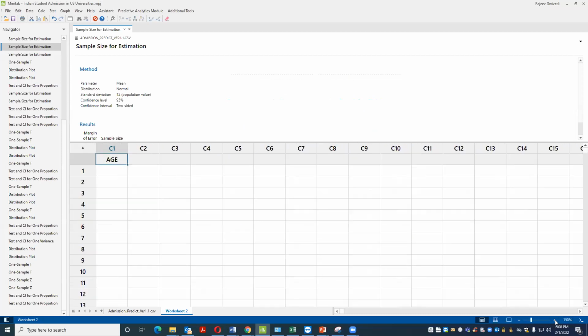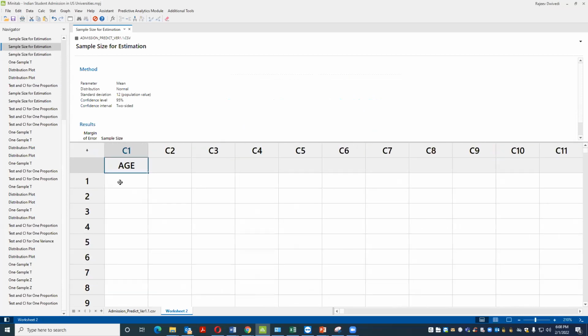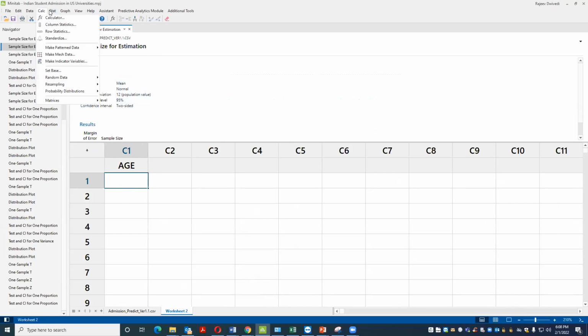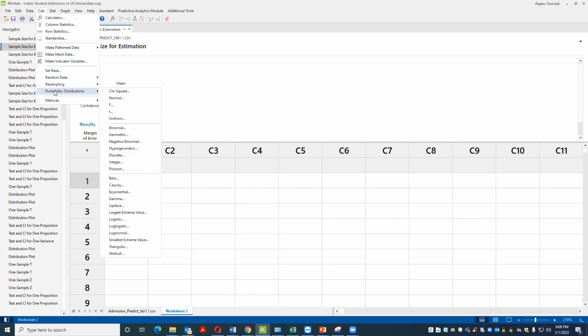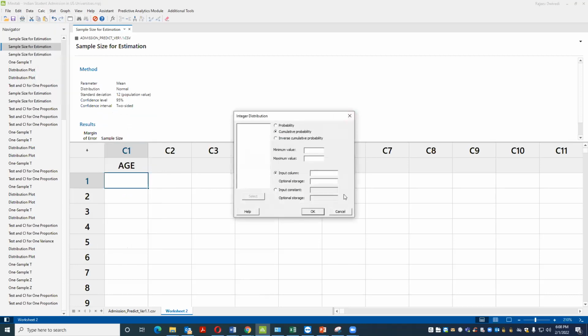I'm just going to get the ages of almost 25 students. So basically I'm just creating random numbers here, integers. Here we have integer. For the minimum value, let's say 22, and maximum value is 40.